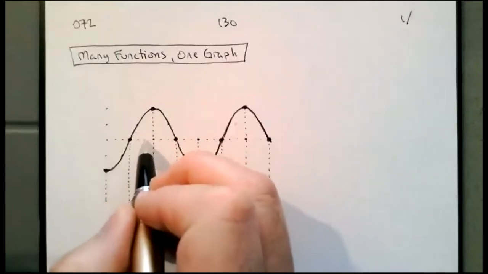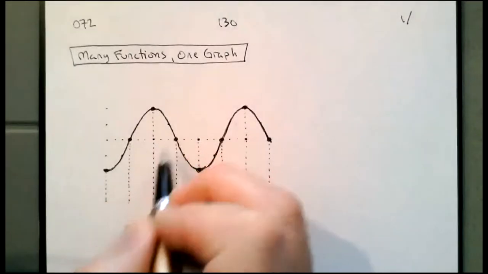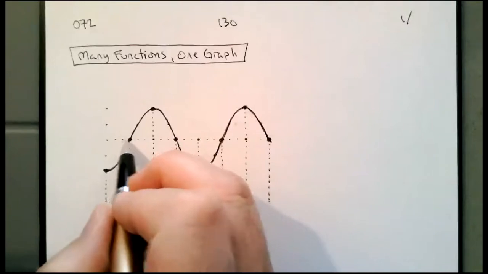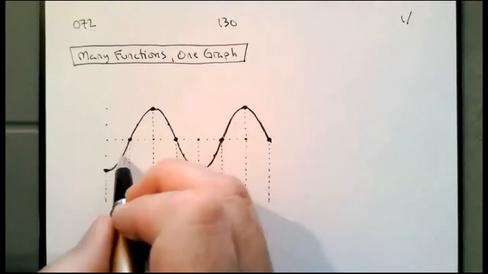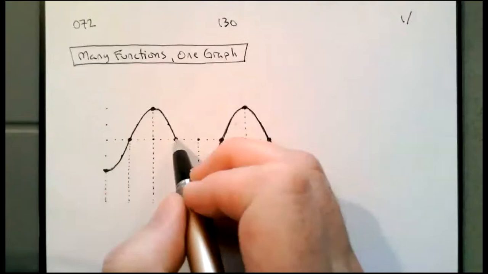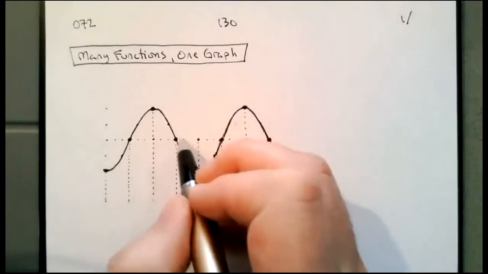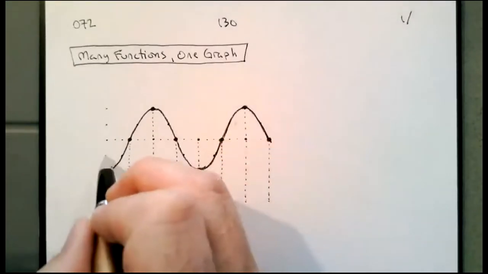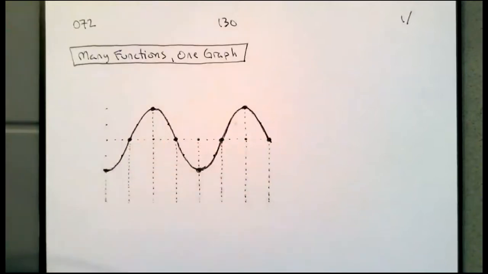Measure out your horizontal axis in 30-degree increments, and then 30 degrees before and after the middle is where you'll hit the 1/2. Here's the middle going down, but 30 degrees before and 30 degrees after, we're halfway to the top and the bottom. That gets you a nice bend in your sinusoid.